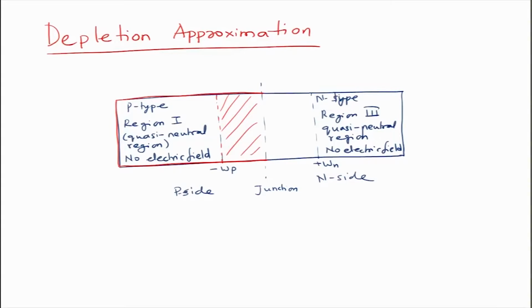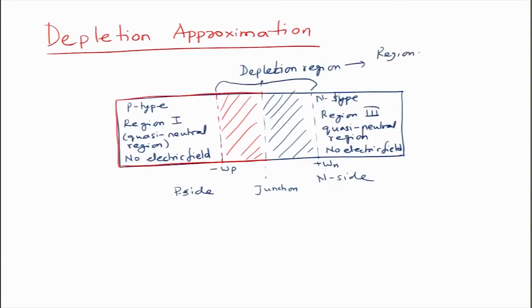And if I take the original color, then this total is the depletion region, which is basically demarked as region 2, which is with electric field.